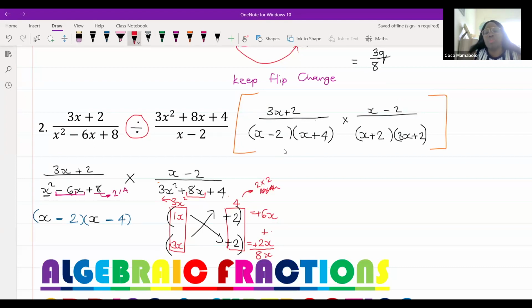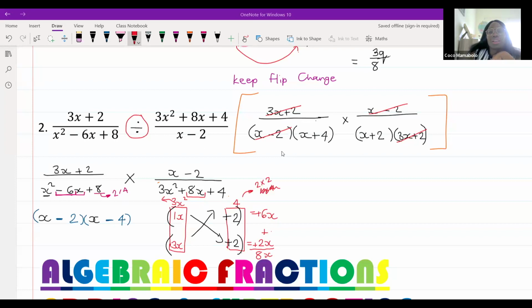But we do know that x minus 2 and x minus 2 can cancel, and 3x plus 2 and 3x plus 2 will cancel. Now, if something is canceled, it hasn't actually disappeared. What number is actually at the top? Good, that's it. It's 1.